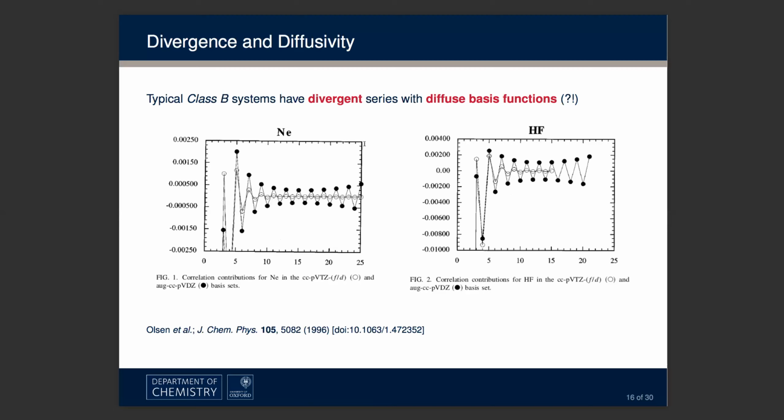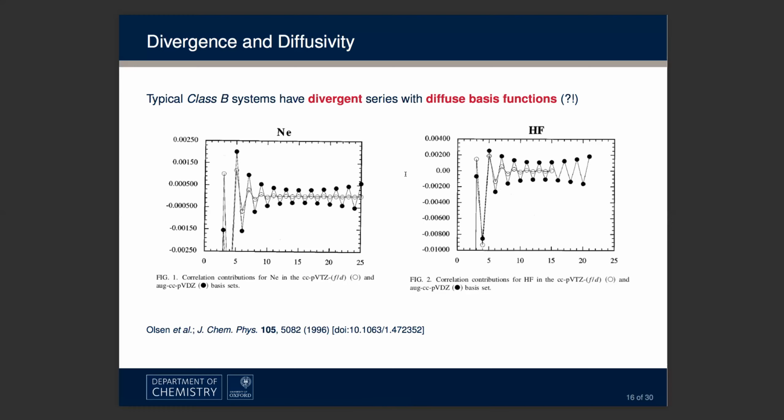So here is a very important piece of work from Jeppe Olsen, where they look at the neon atom in two different basis sets. And the light circles are a small basis, and the dark circles include the diffuse basis functions. And you can see that divergence starting to appear in the higher orders.